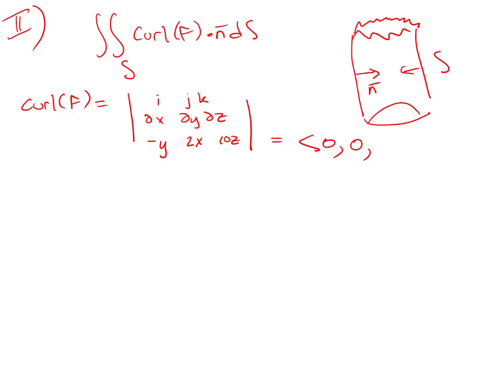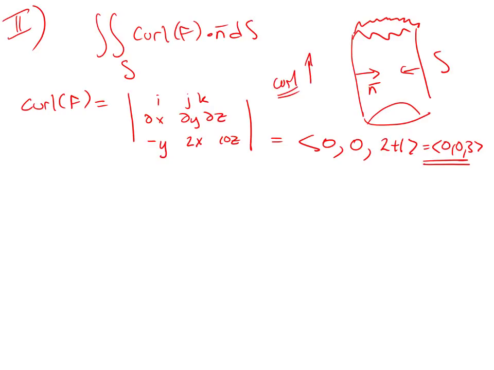The third component is 2 plus 1, which is 3. So the curl is actually very simple. It's a constant, and it's always pointing in the z direction. So the curl looks like this.